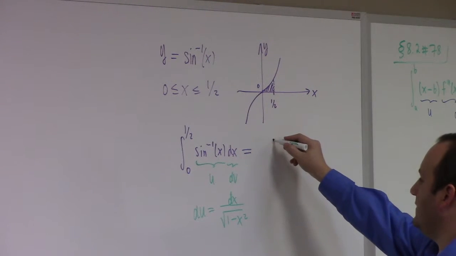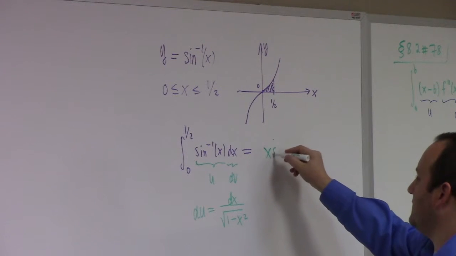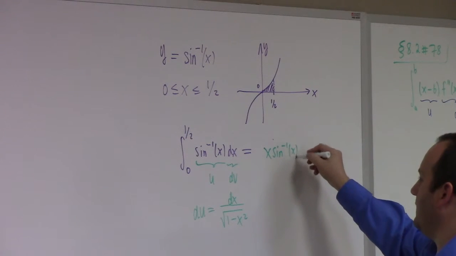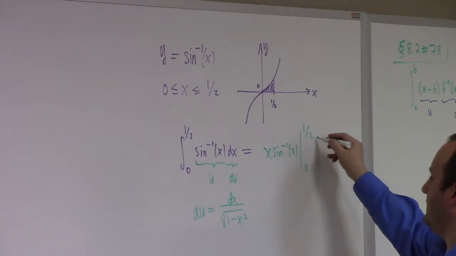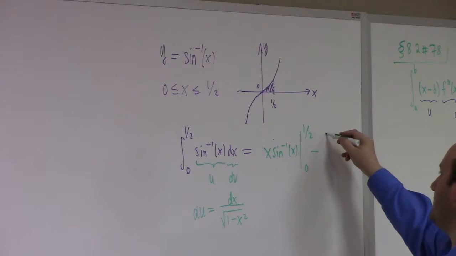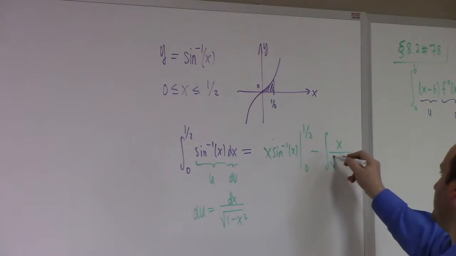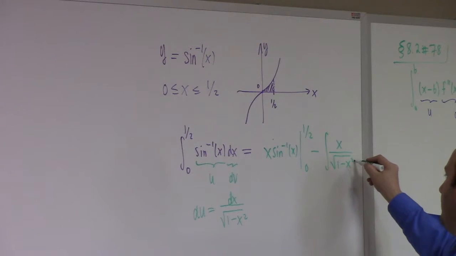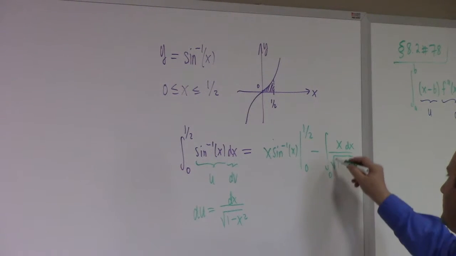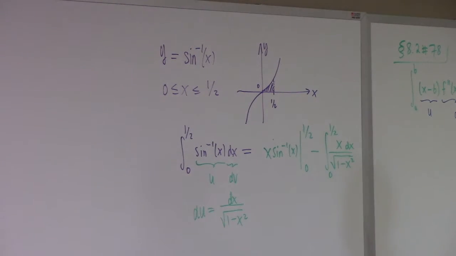So I've got x inverse sine of x evaluated from 0 to a half minus the integral of x over the square root of 1 minus x squared dx from 0 to a half. And I'll let you guys finish it.